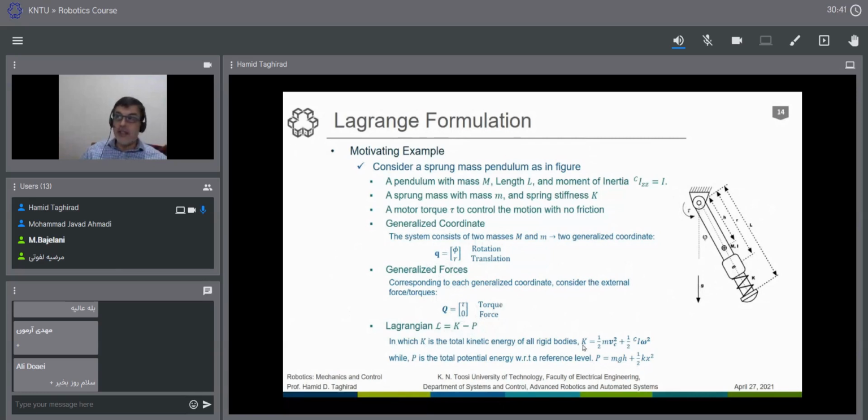The kinetic energy is considered of two parts: the translational motion and the angular motion. So for each body, each rigid body, we have here two bodies, large M and small m.